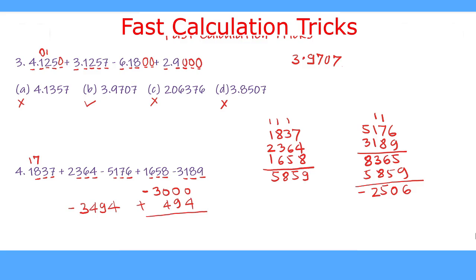Now 0 minus 4, that is 10, we carry 1, and 10 minus 4 is 6. Then 9 minus 9 is 0. 9 minus 4 is 5. And after carrying 1, 3 has become 2. So that is minus 2506. This is our correct answer.